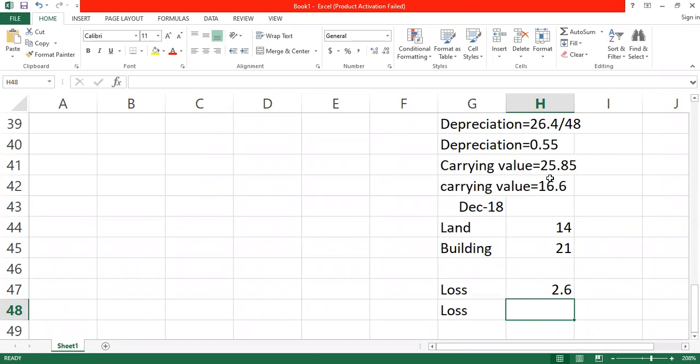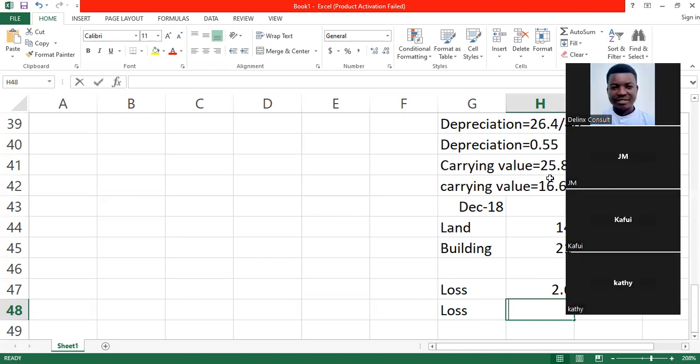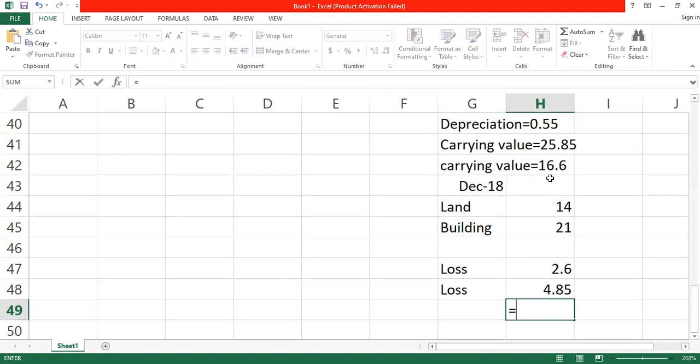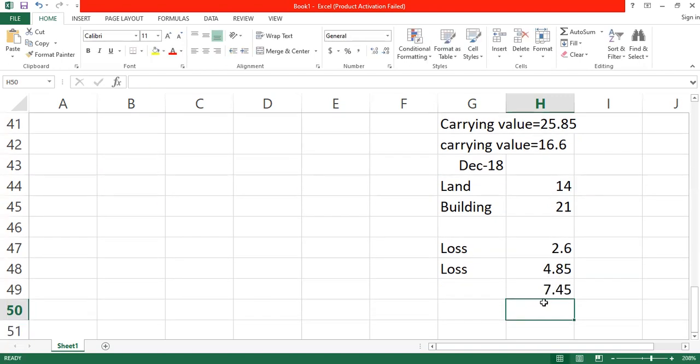So what is happening? There's a revaluation loss of how much? 4.85. What will be the total loss? 7.45. So how would this loss be shared? Some will be taken against the initial gain, and the remaining will go to profit or loss, isn't it?